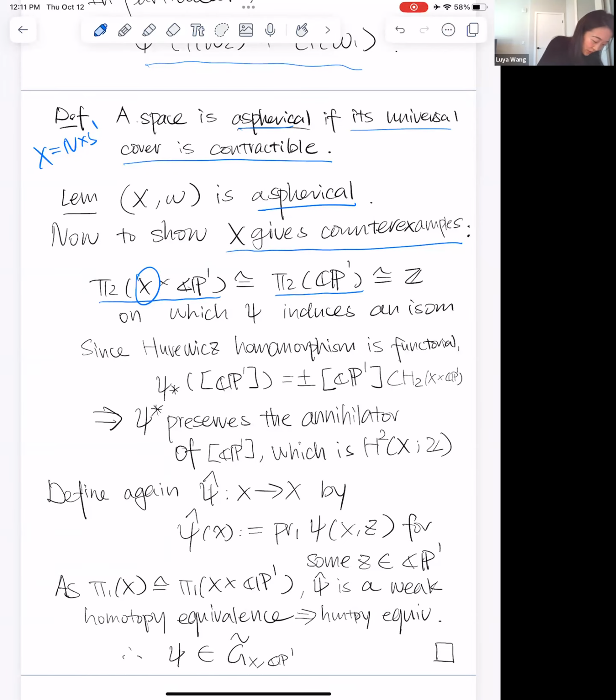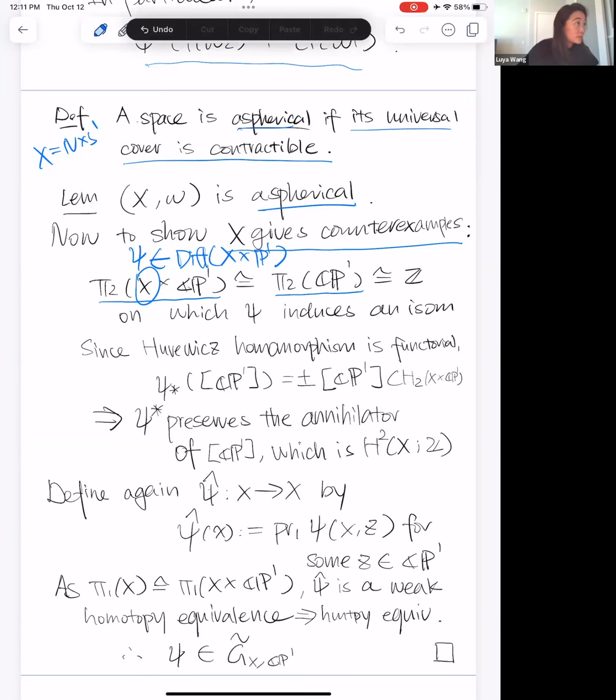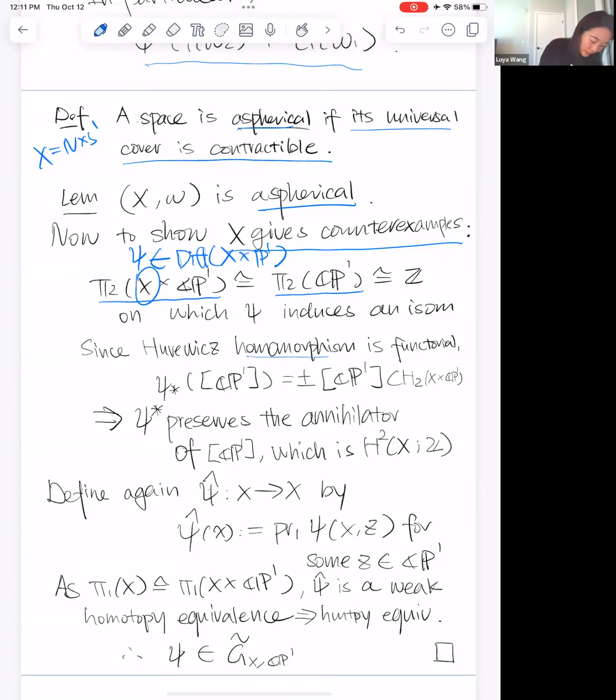And we assume psi is in Diff of X cross P1, and we see that this induces an isomorphism. Since the Hurewicz homomorphism is functorial, the homology classes are also mapped to each other up to signs.